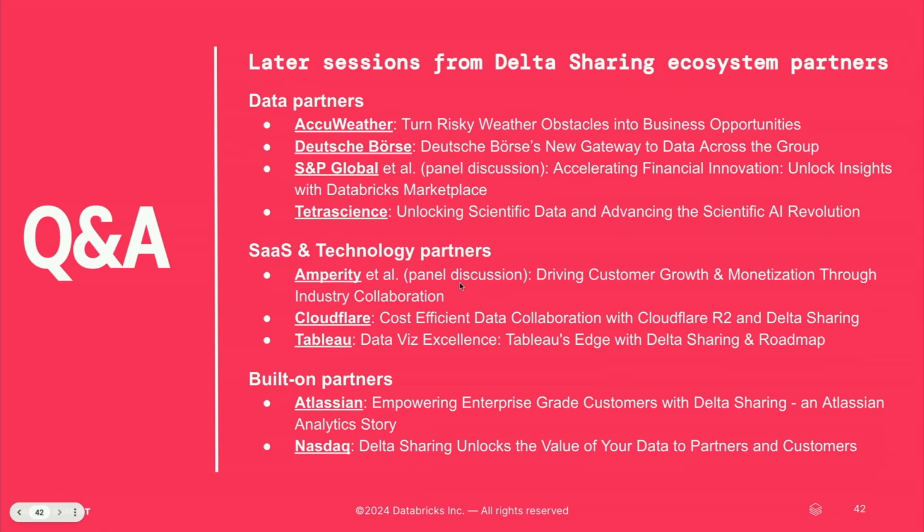For example, Amperity is also adopting open source data sharing, very similar to what Oracle does, so they are a server as well as a client of data sharing. And we also have some other built-on partners that will talk about their experience building data sharing services using data sharing. So feel free to go to those sessions if you would like to learn more.